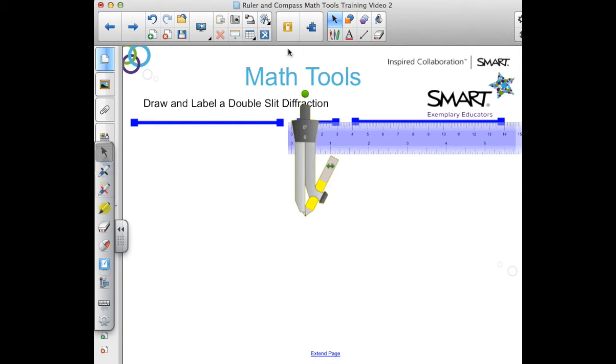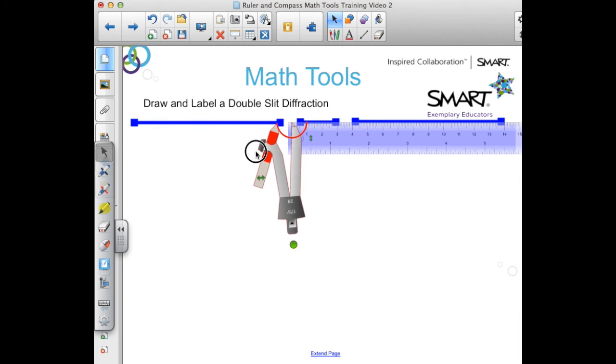And then they grab the compass, change the pen color, move it into the right position, and from there they can adjust it to 1 centimeter and then trace the 1 centimeter wave.